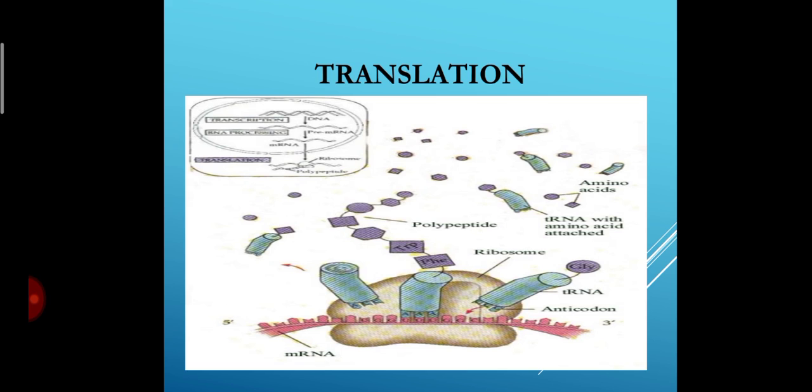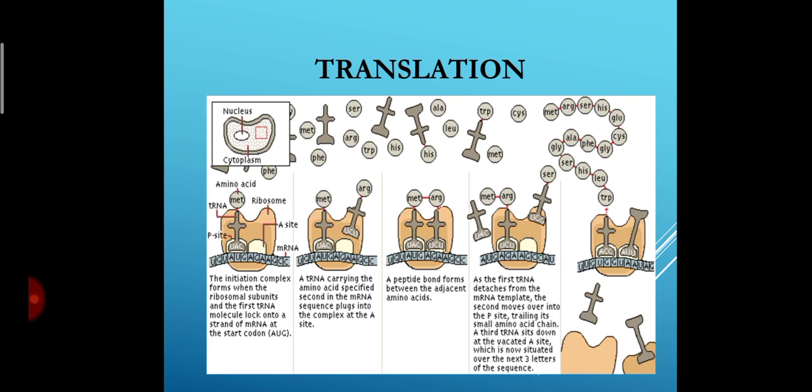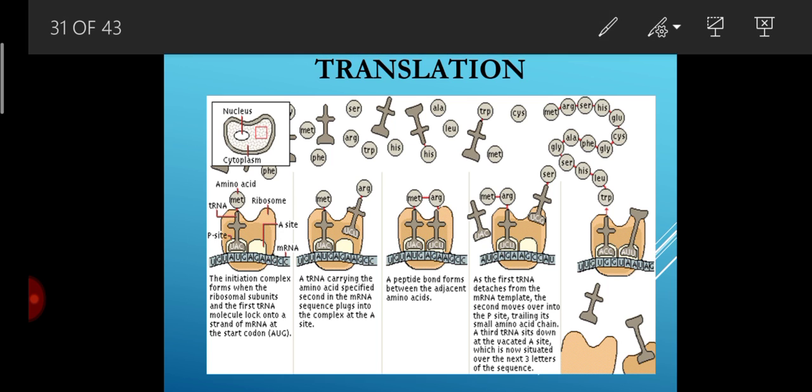This is the picture showing the process of translation. In the first diagram, here, the initiation complex forms when the ribosomal subunits and the first tRNA molecule lock onto a strand of mRNA at the start codon, that is AUG.